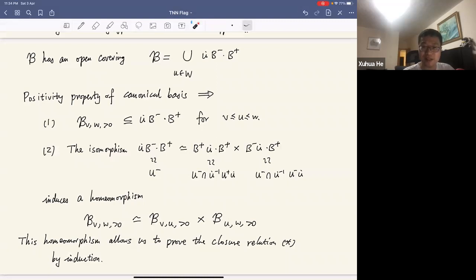But for the group, this is much more involved. The most difficult part is for those imaginary roots, and I haven't thought much about that. So I do not know how this can be generalized to arbitrary Kac-Moody groups. This is a really difficult problem, I think.